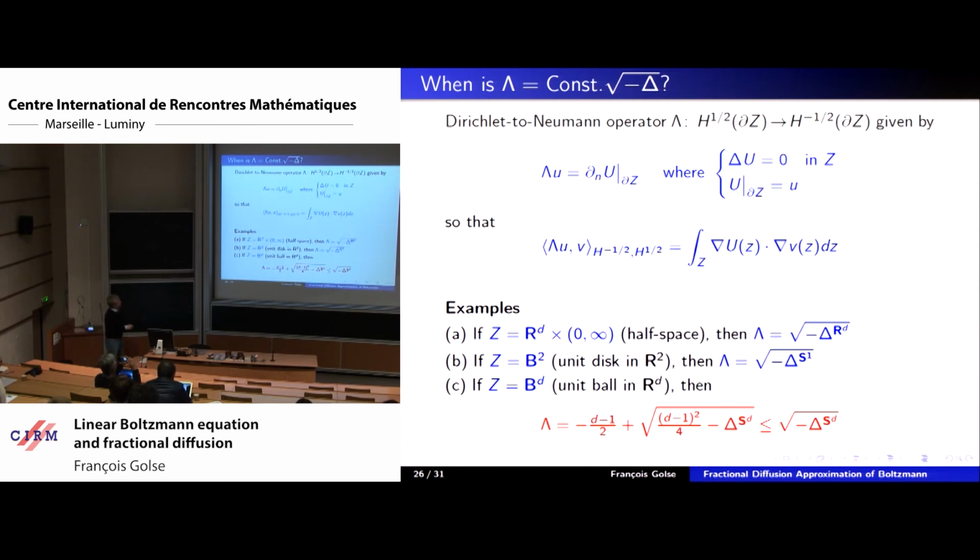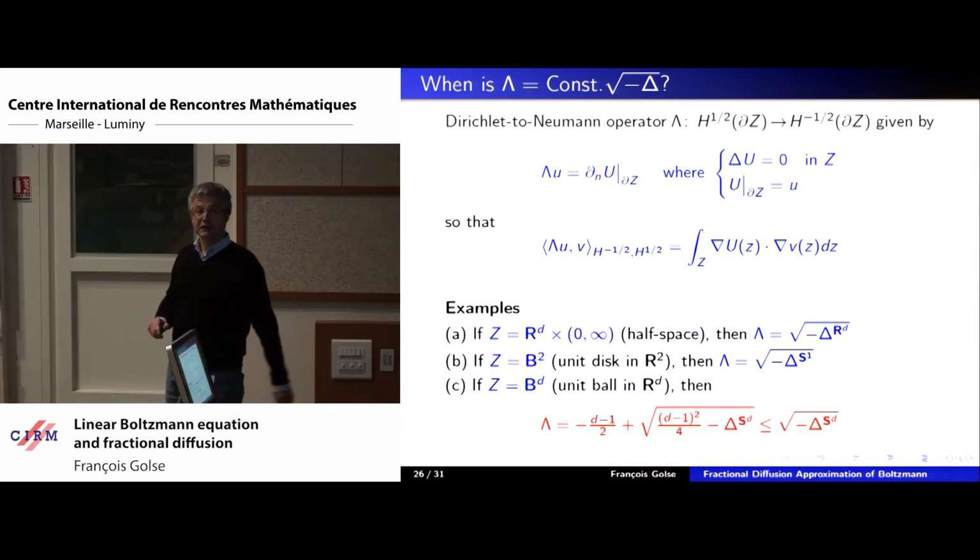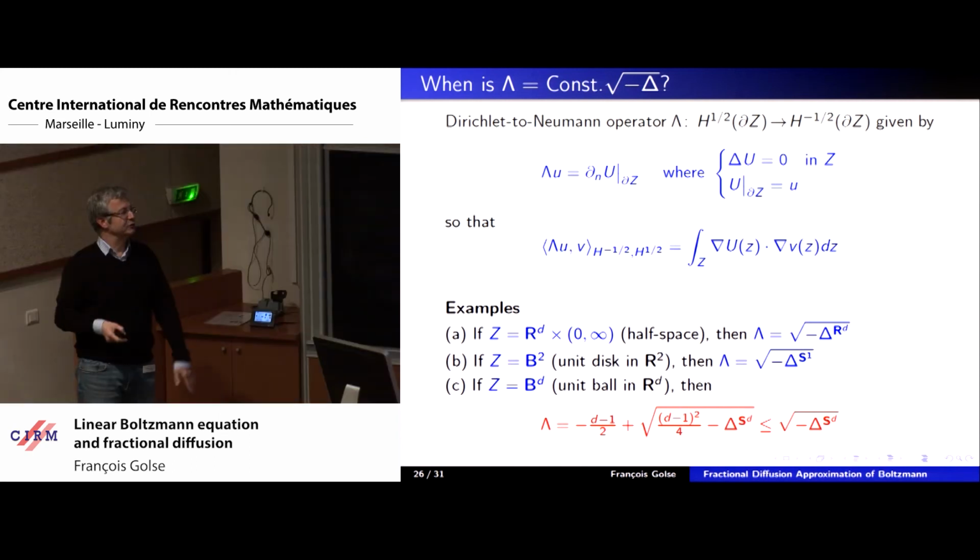Now if you take the unit disk in R^2, then you can check with Fourier series that lambda is the square root of minus Laplacian on the unit circle. Right? I mean, you extend Fourier series going inside the domain.